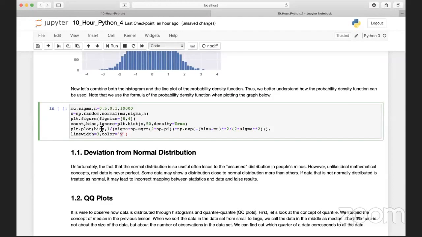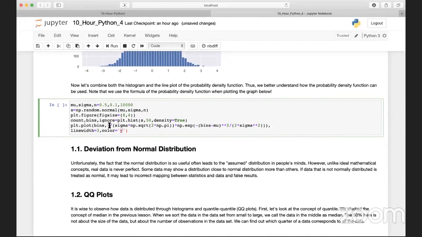Let me check the formula first. This formula comes from the probability density function of the normal distribution. You can check it. 1 over sigma times the square root of 2 times pi. Pi is coming from numpy. And then e to the minus data minus mean squared over 2 times variance, sigma squared. Okay?